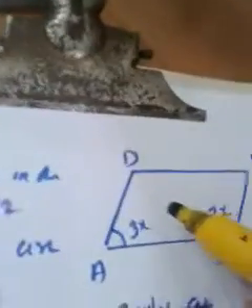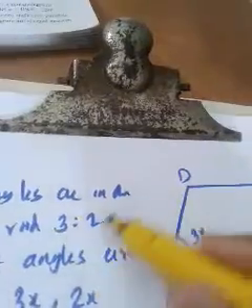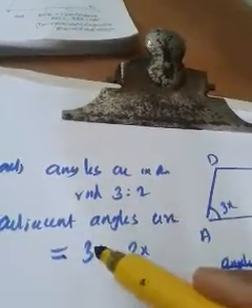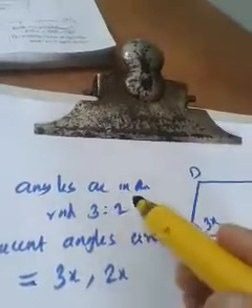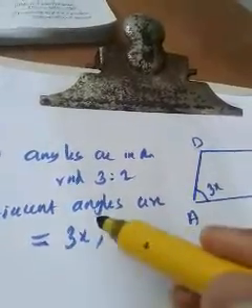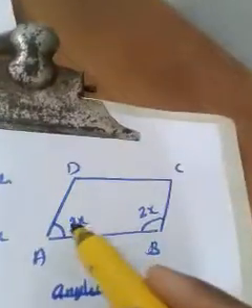First of all, the ratio was given as 3:2, so I am not supposed to mark this one as 3 and this one as 2. Why? Because this is a ratio, not the measurement. But we know how to convert a ratio into a measurement. How? If the ratio is 3:2, just write it as 3x and 2x. That will be the corresponding measurement of the angle. Now we can write the adjacent angles as 3x and 2x.